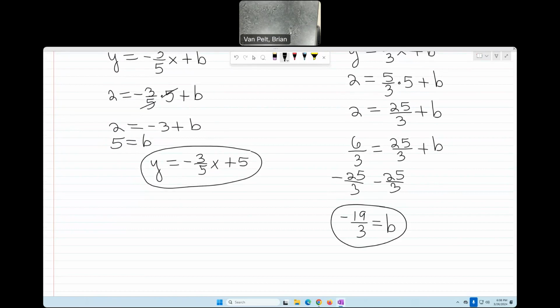That's not the answer there. That's just me. The actual answer then is y equals 5/3 x minus 19/3.